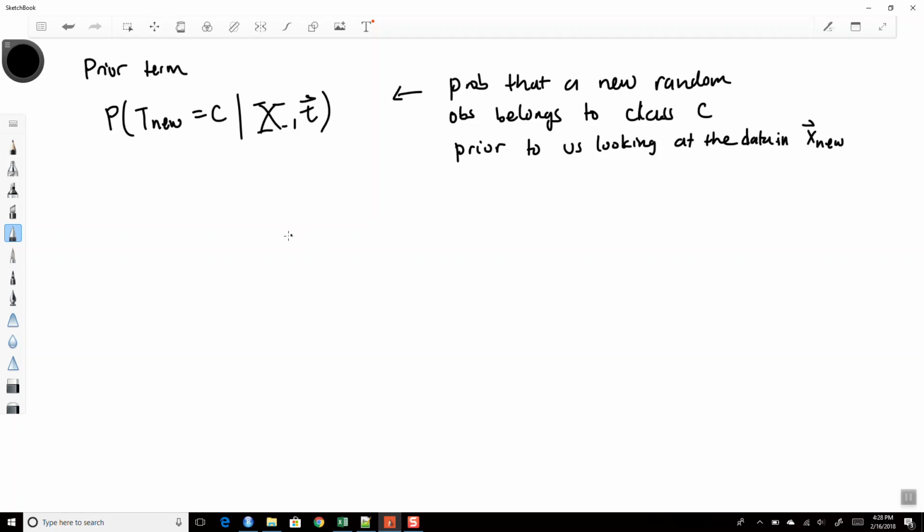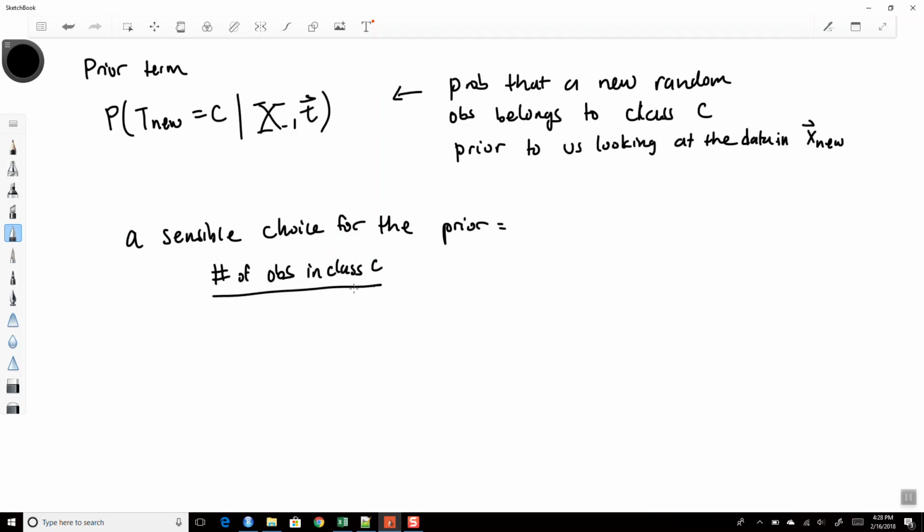So a sensible choice of a prior would be basically the number of observations in class C divided by the total number of observations.